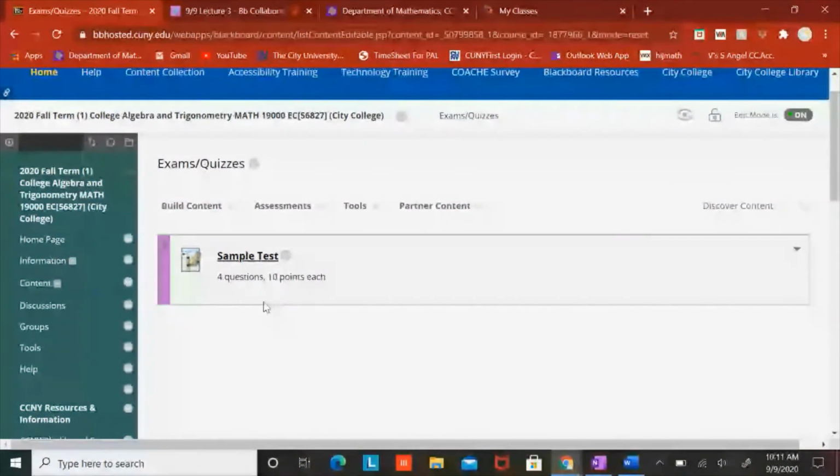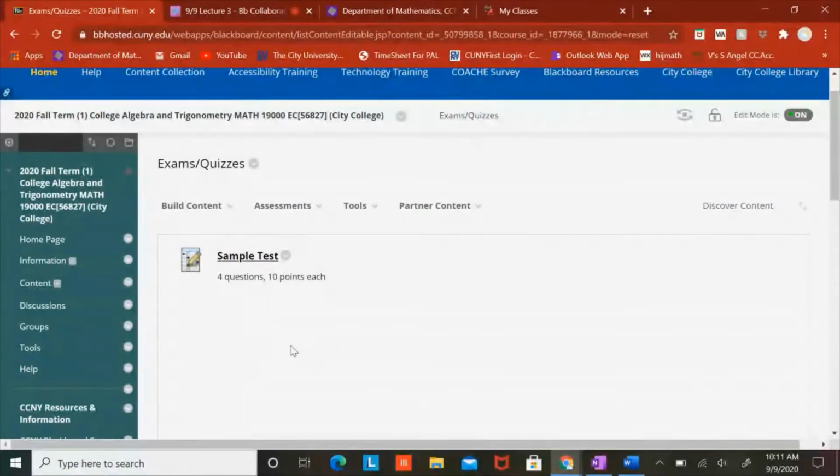Oh, and also on WebAssign, when we had to put certain things such as an infinity sign, in Blackboard, does it give you any options to do that? Because with my computer, I can't put it. So you don't have to worry about any of those for Blackboard because it's multiple choice. The answers are already written for you in choices. You just have to pick the right one.